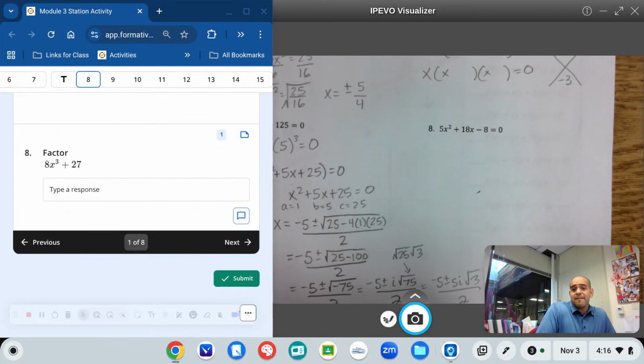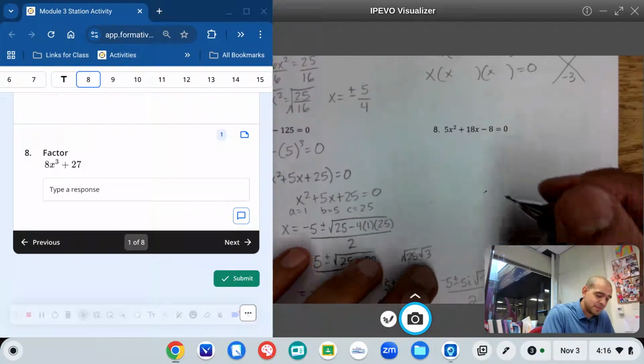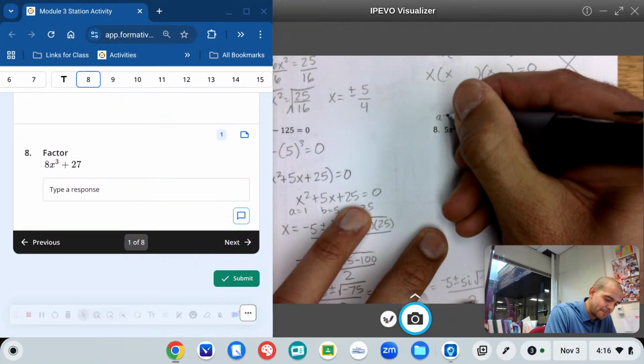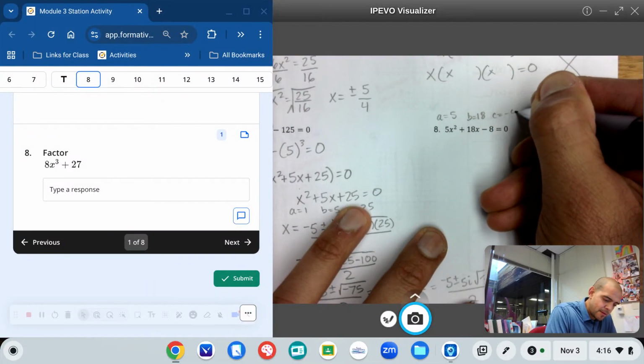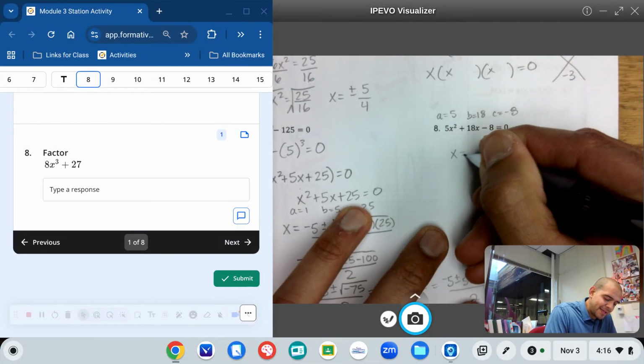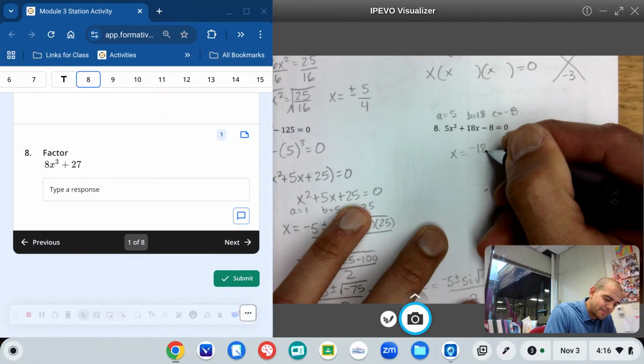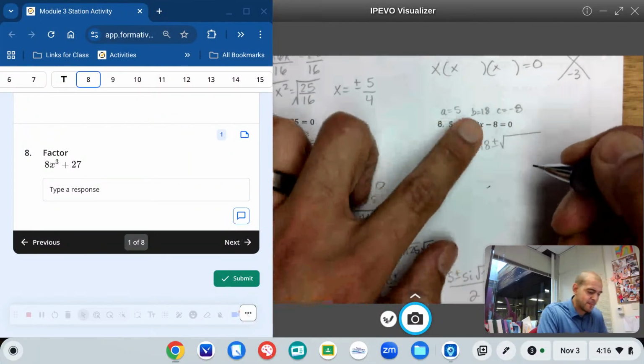Let's see if we can factor it or use the quadratic formula. That's up to you. Either method would be okay. Let's use the quadratic formula and practice using it. So x equals negative 18 plus or minus the square root of b squared.